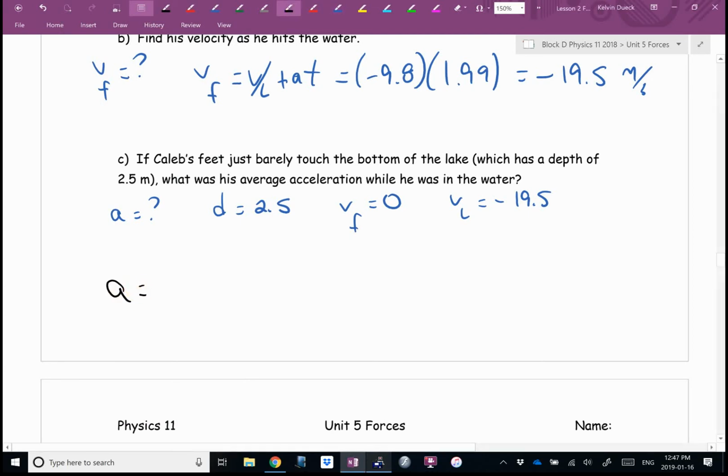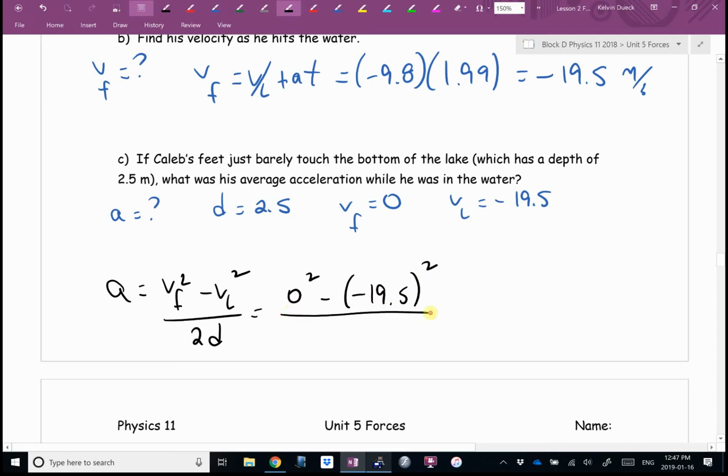A equals which equation? So get the A by itself. VF squared minus VI squared all over 2D. It's going to be 0 squared minus negative 19.5 squared all over 2 times 2.5.